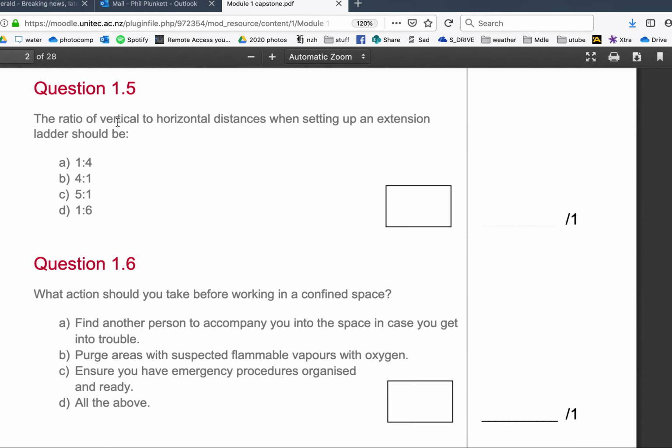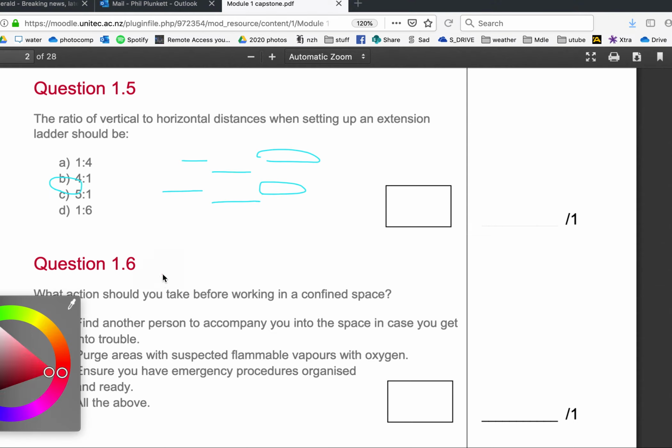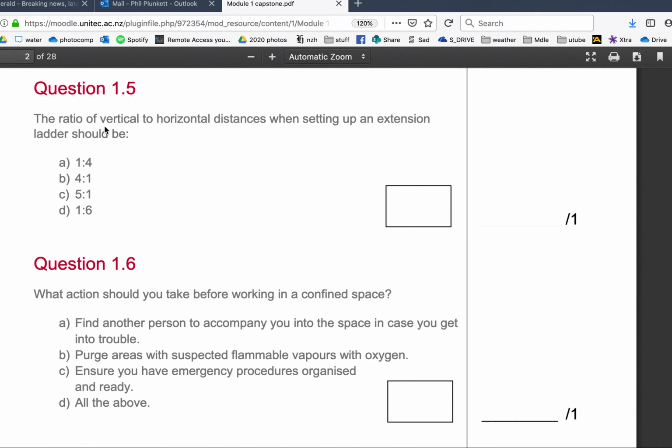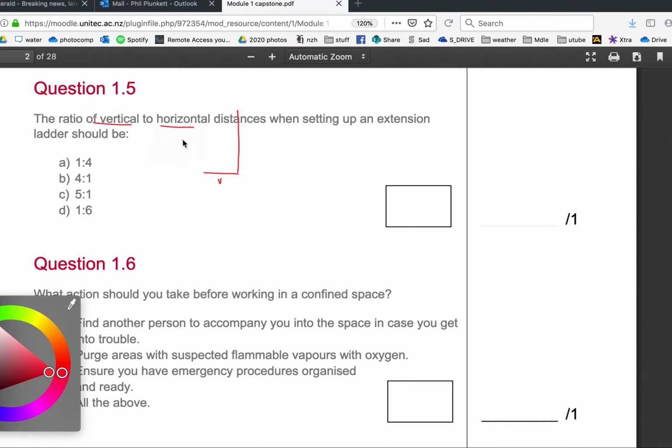Ratio of the vertical to horizontal. Okay, vertical to horizontal. Vertical first. Vertical to horizontal. Okay, here's my vertical. No, I got that round the wrong way, man. I'm an idiot. Don't listen to me. Let's do that again.